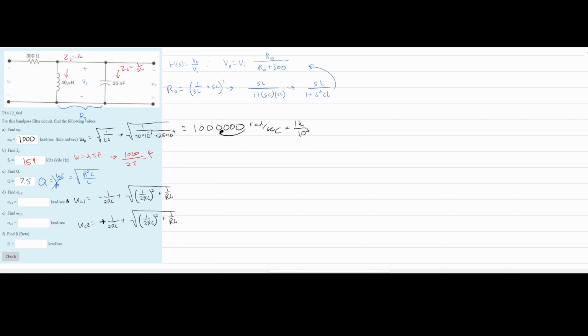So after we plug all of these in and we convert it to kilorads, remember that's important, kilorads for these, we're going to get approximately 936 and 10,069.